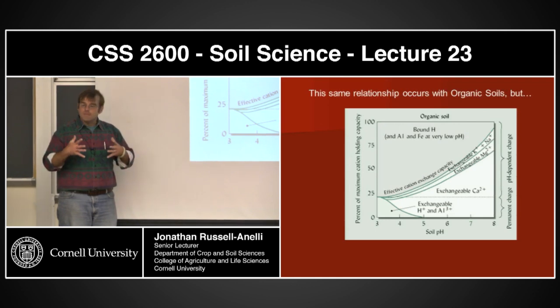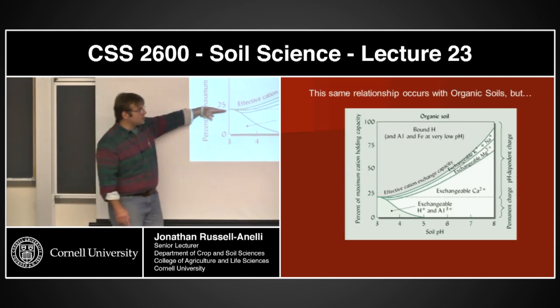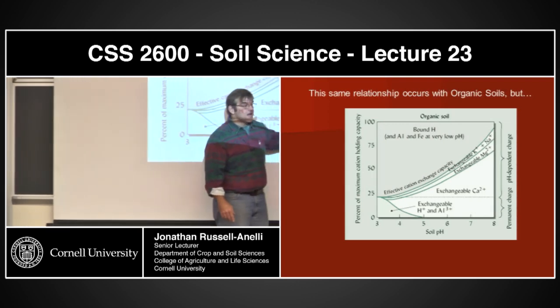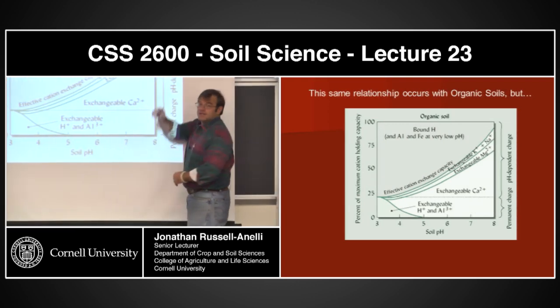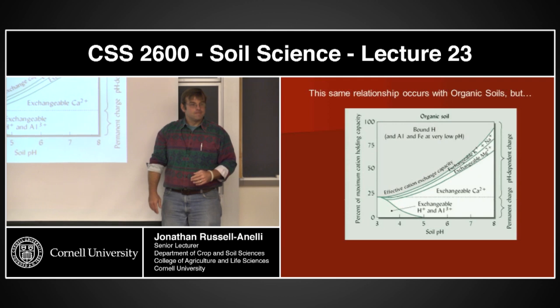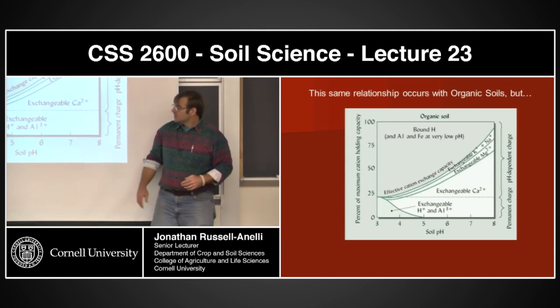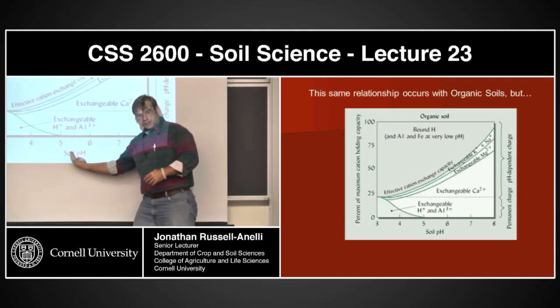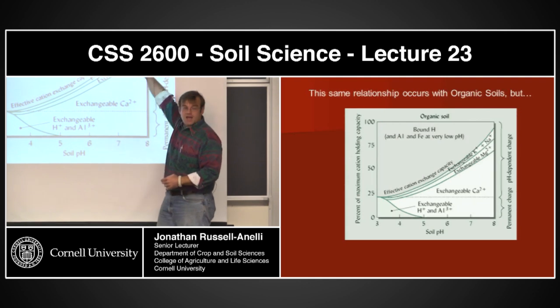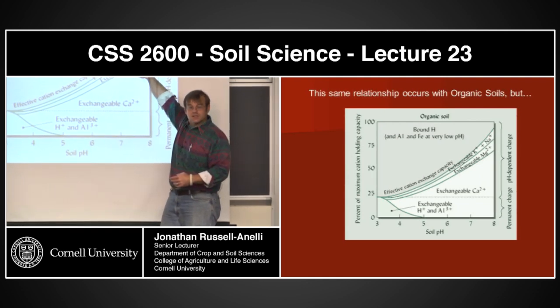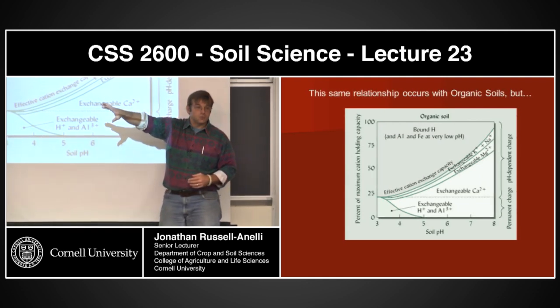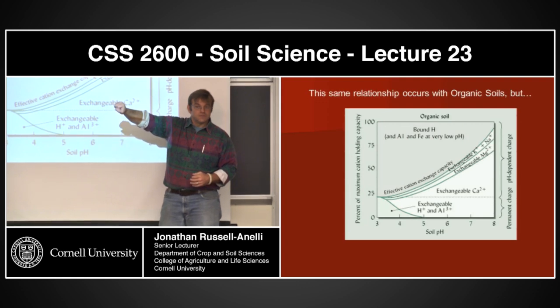Organic material has a much, much larger pH-dependent charge associated with it. Here's the permanent charge, everything below that. Everything above that is pH-dependent. So as my pH increases, my effective cation exchange capacity increases, hugely affecting those pools. Questions?